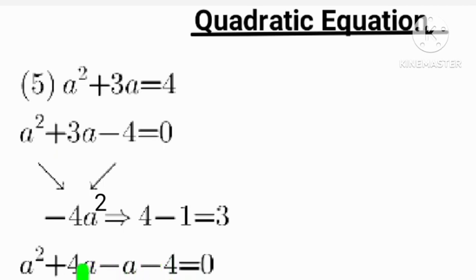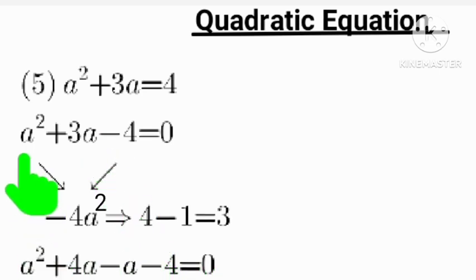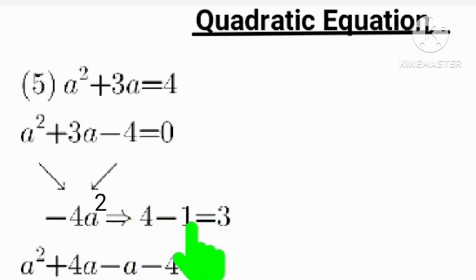If you look at it, 4a minus a will give you 3a, which, if you simplify, will give us the whole of this back. So all we are doing is replacing 3a with the factors of negative 4a squared. We brought the rest down, and all we did was multiply the factors of negative 4 by a, which converts it to the factors of negative 4a squared.